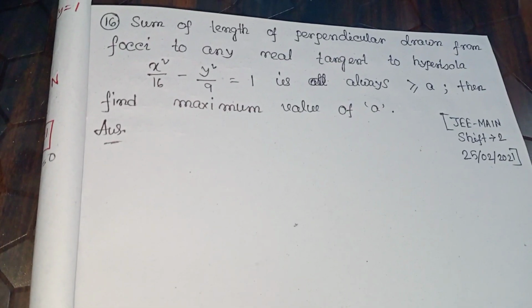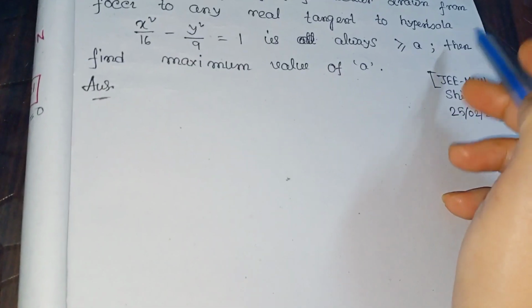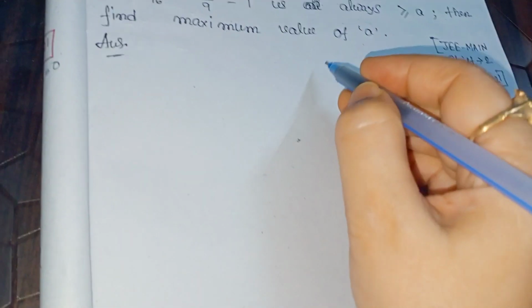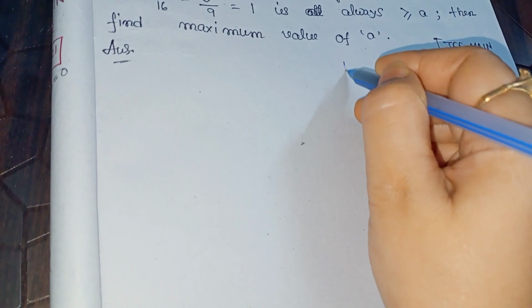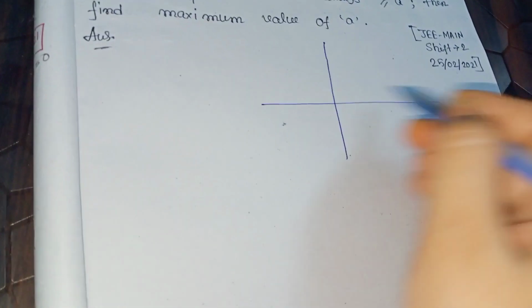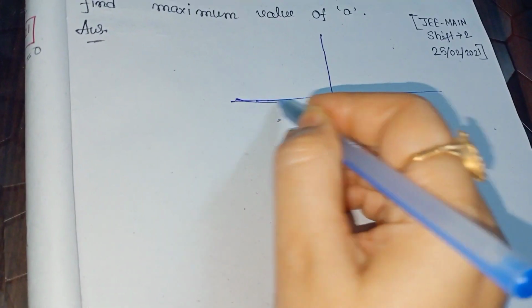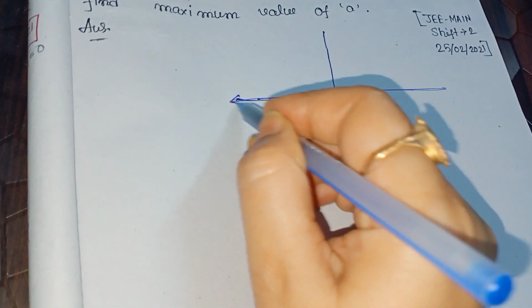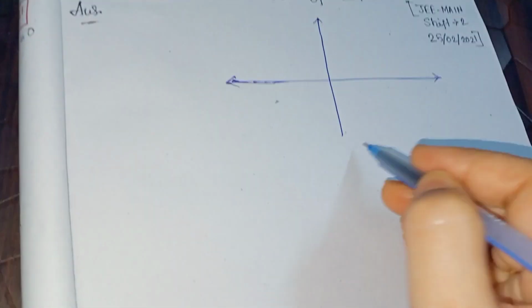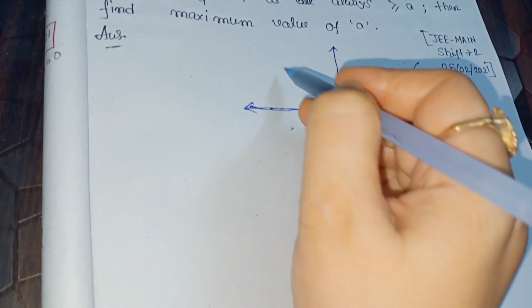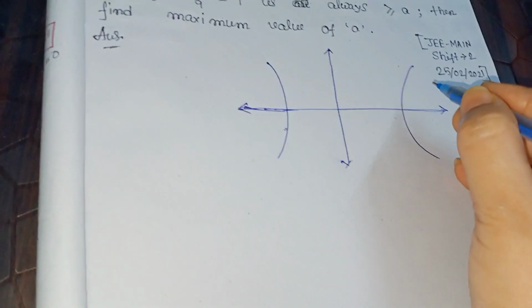So here a hyperbola is given, and we draw the length of the perpendicular from the foci to any tangent of the hyperbola. So at first, this is our x and y axis, these are the two axes, and this is the hyperbola.